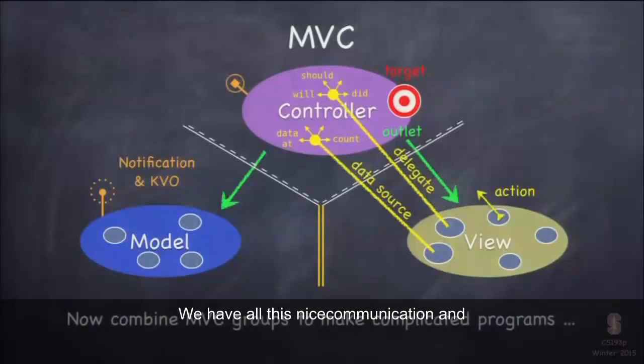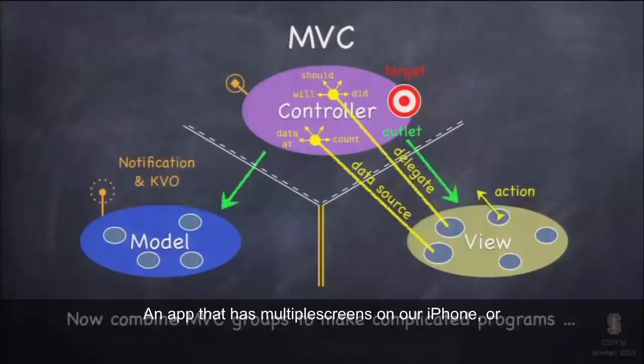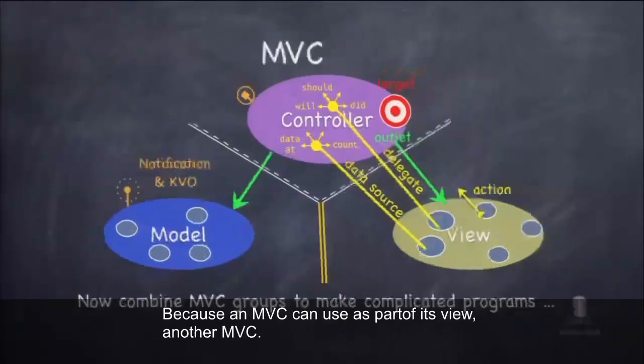All right, so we have all this nice communication and all these rules, and we can imagine building something simple using this. But what if we want to build a big complicated app, an app that has multiple screens on our iPhone or on an iPad? It's got 3 or 4 different areas on screen where things are happening. How do we do that? Well, we're essentially going to combine multiple MVCs, okay?